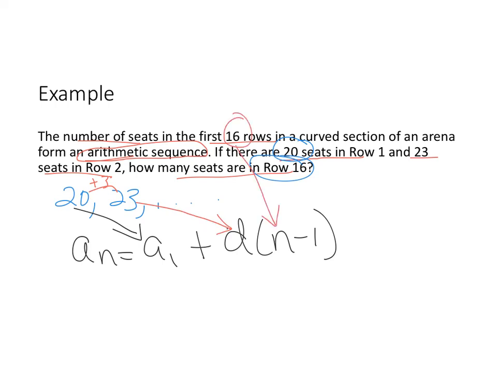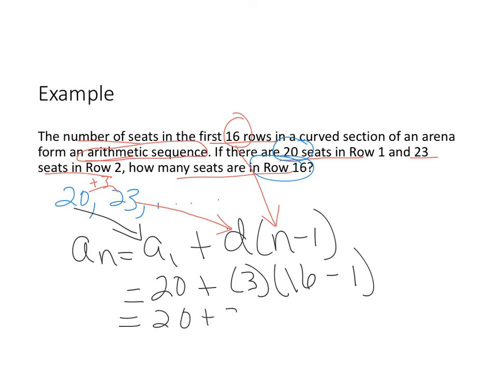That's our N. So if we plug all that information in, our first term plus our common difference times the row, the number of seats we're looking for in row 16, that gives us 20 plus 3 times 15. 3 times 15 is 45, plus 20 is 65. So there should be 65 seats in row 16.